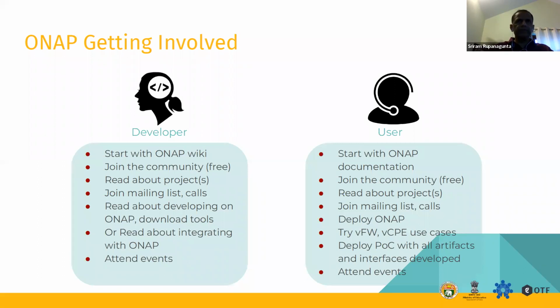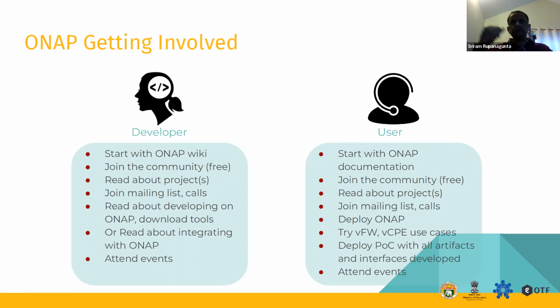It's free, it's open, and anybody can join. You can read about all the projects, join the mailing list, and even join the weekly calls that happen. You can download the tools, read about integrating with ONAP, and attend the events, which are again open events. These are all the things that you can do as a developer.